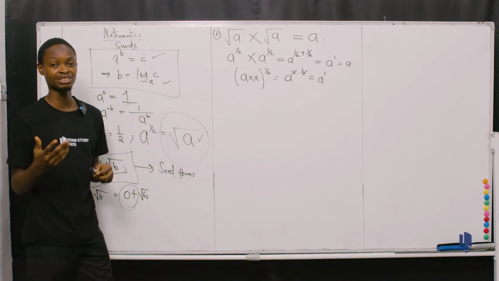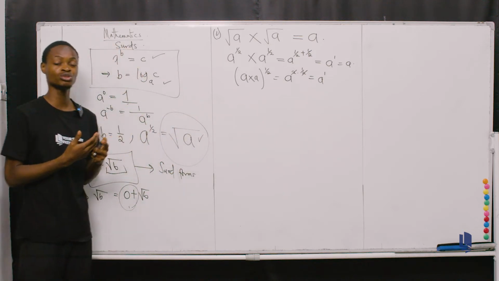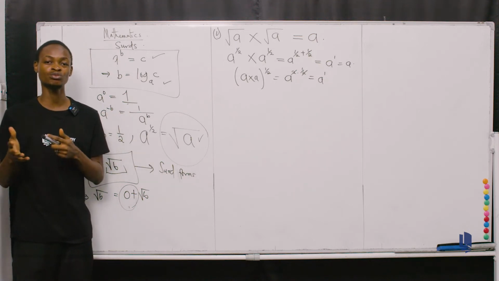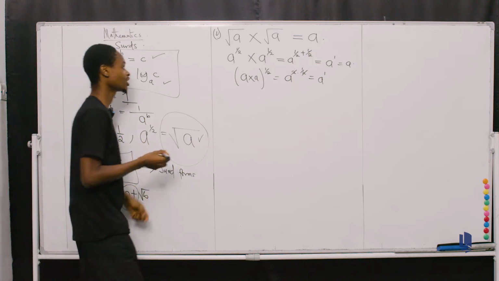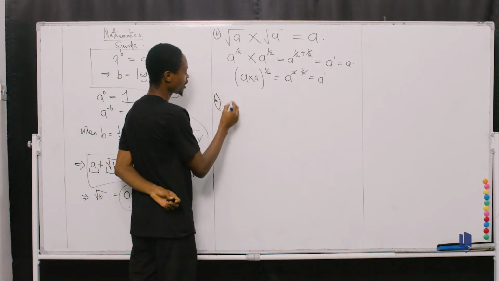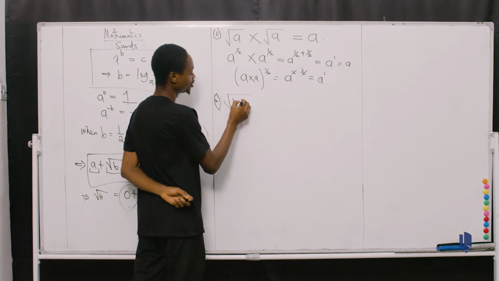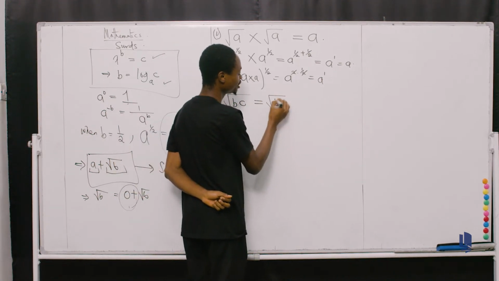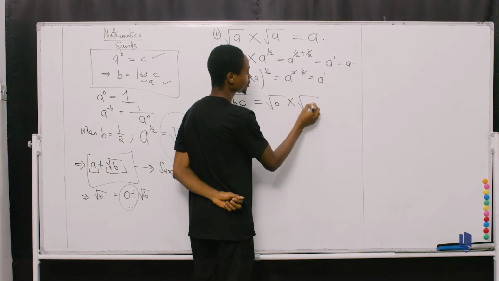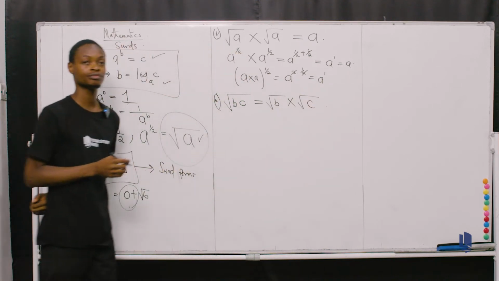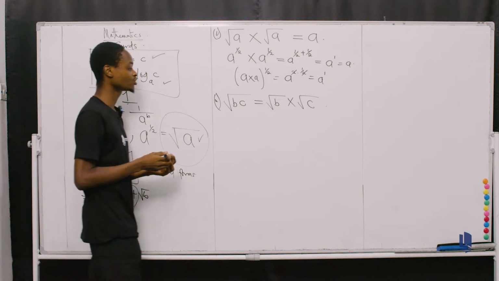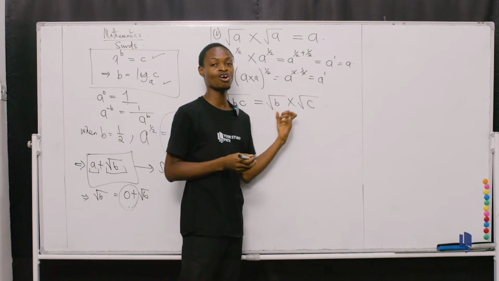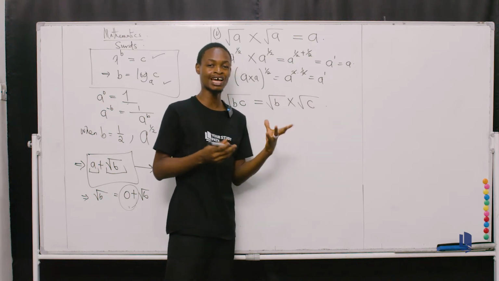Also, it means that it is possible to simplify surd forms into their smallest possible forms. What does that mean? If I have the root of b times c, it becomes easy for me to express it as the root of b times the root of c. If I have the root of a large number, I can break it down into the square root of separate smaller numbers.